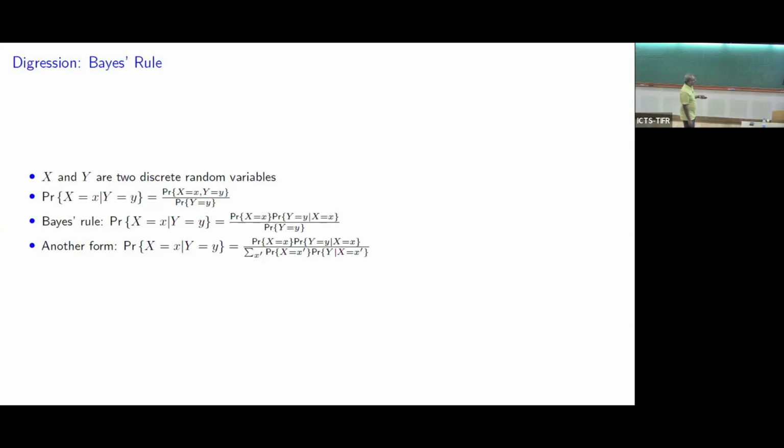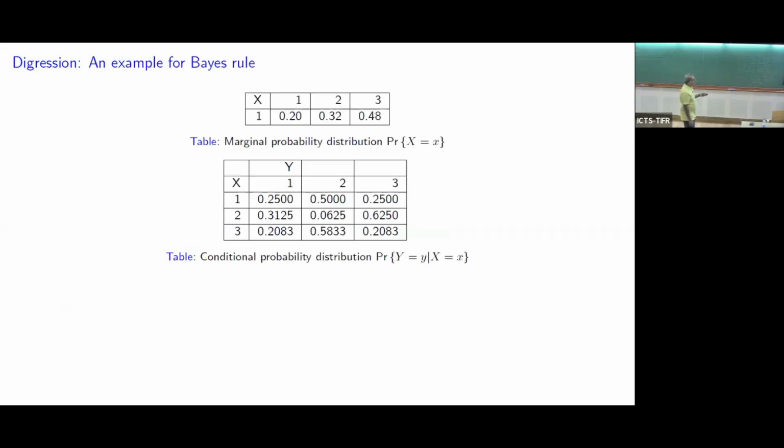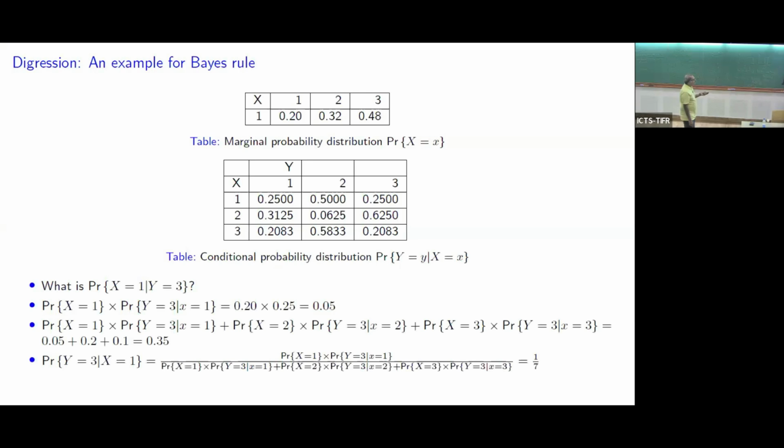So we will get 0.35, and when you take the ratio of this with that 0.35, you get 1 by 7. So this is just mechanical. We are just putting down these quantities on both left hand side and right hand side of the Bayes rule and trying to show that they match. That's all. Any questions here?